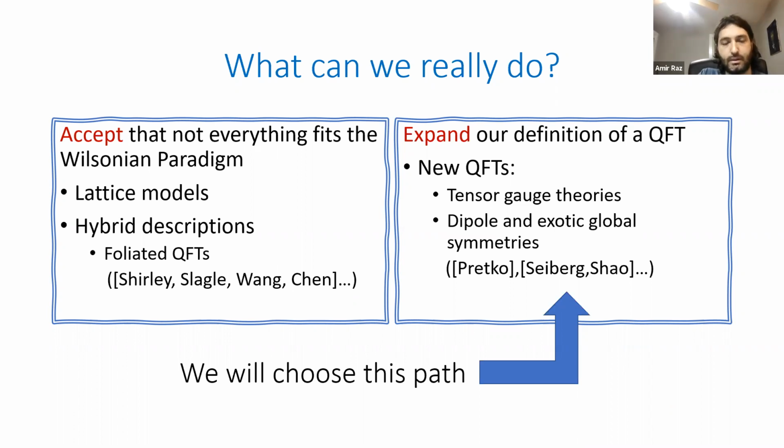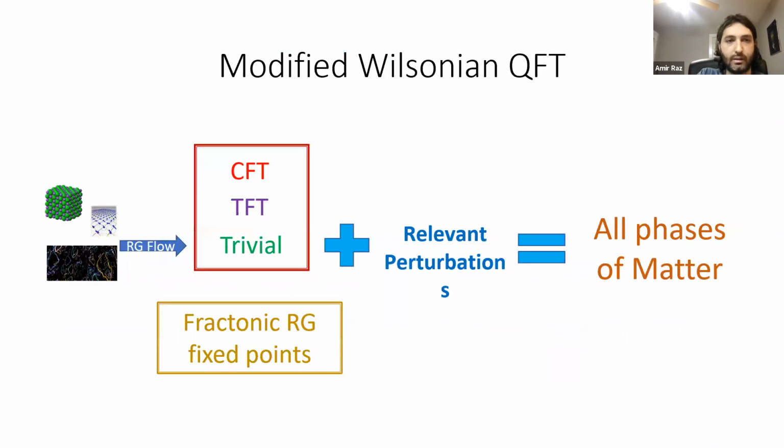So if we want to take these new quantum field theories and fit them into the Wilsonian paradigm, then we really need to modify it in some way. Again, we might start from some UV physics on a lattice, but then we need to somehow modify where we can end up.